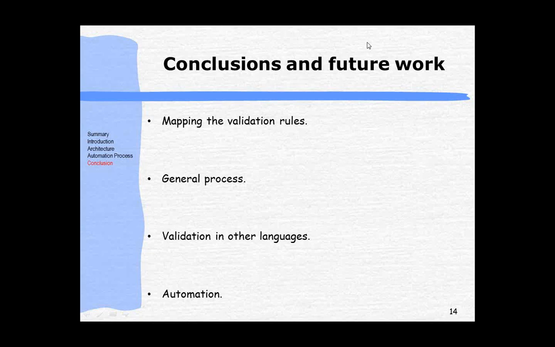Our idea is to do a general process for the majority of the taxonomies. And in the future, validation in other languages. What language? Now in database. Tomorrow maybe in Java. Why not? But the fundamental question is the automation, which is our aim.